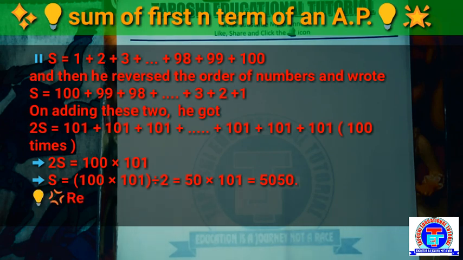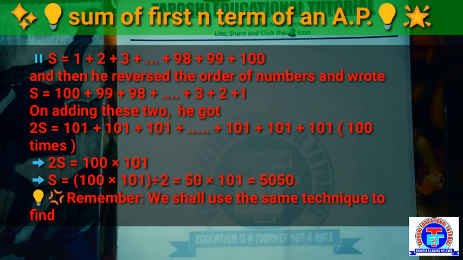On adding these two, he got 2S is equal to 101 plus 101 plus 101 plus dot dot dot plus 101, 100 times. 2S is equal to 100 into 101, which implies that S is equal to 100 into 101 divided by 2. That means 50 into 101 is equal to 5050.